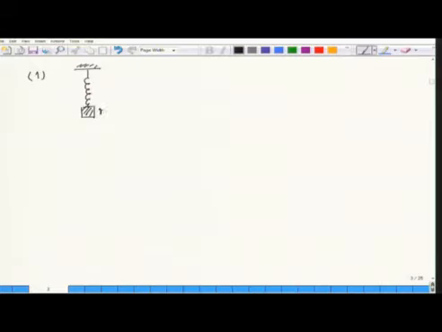So, what happens if the mass is m is that initially this spring is going to stretch and the mass is going to come down to some equilibrium position. How much does it stretch?